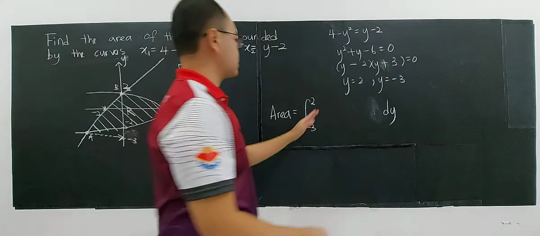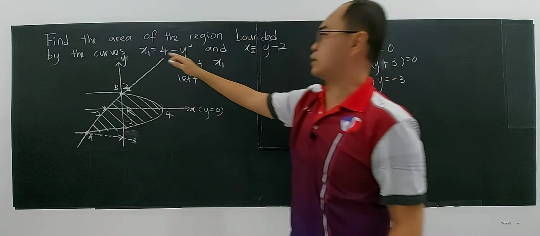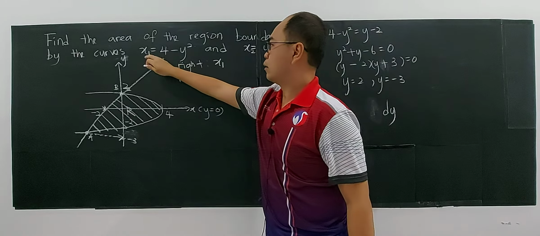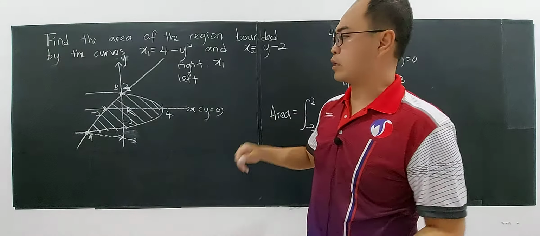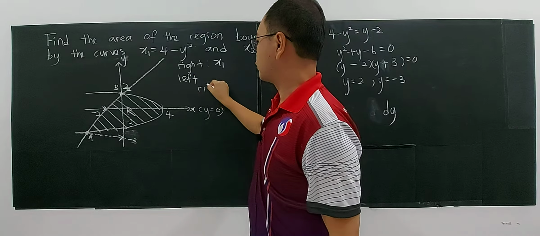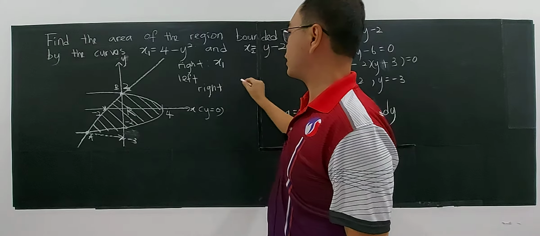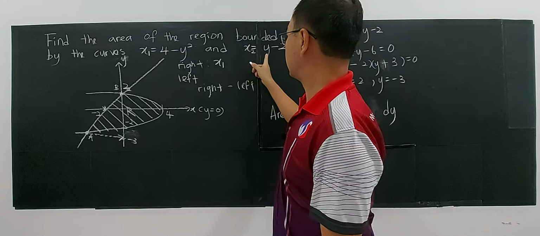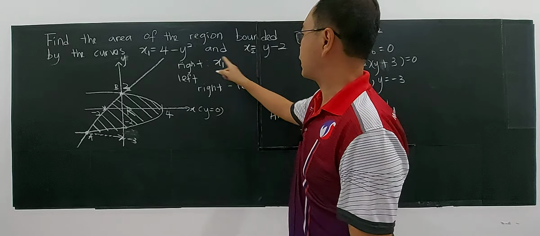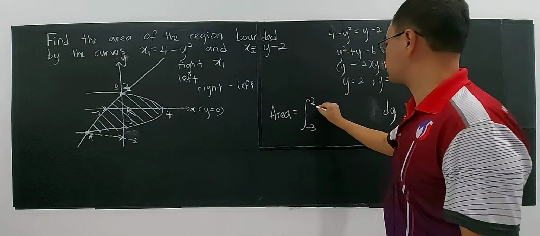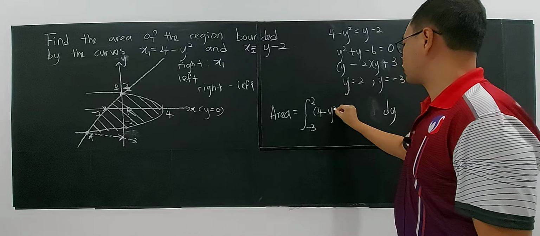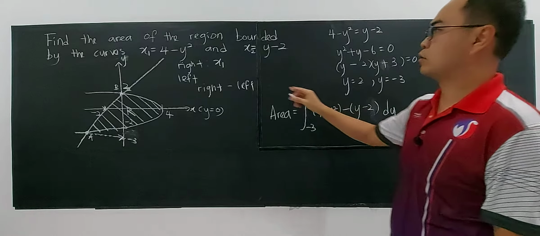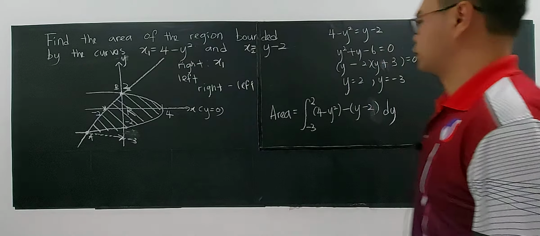In this case, everything must be x in terms of y. So I'm going to take x1 minus x2, because when you integrate with respect to y, you have to take right minus left curve. So the right, which is 4 minus y squared, minus y minus 2. Okay, x1 minus x2 here.